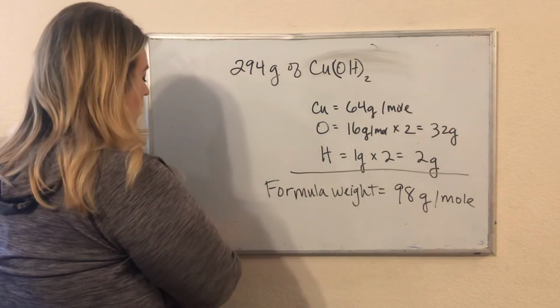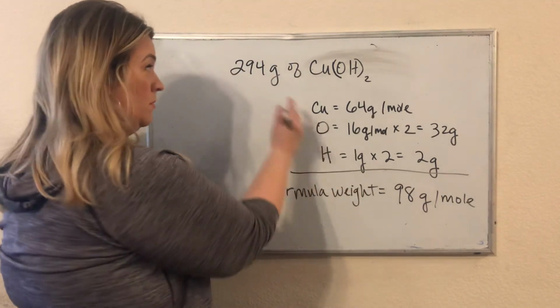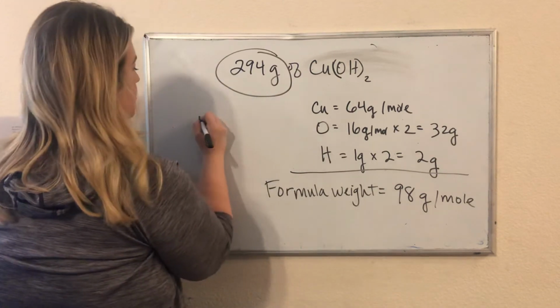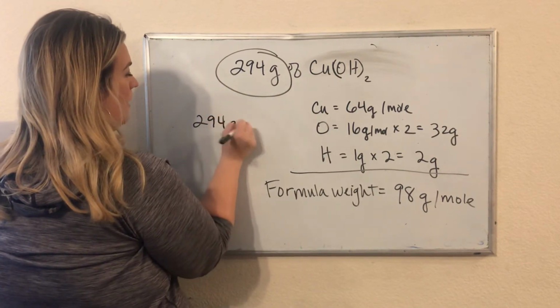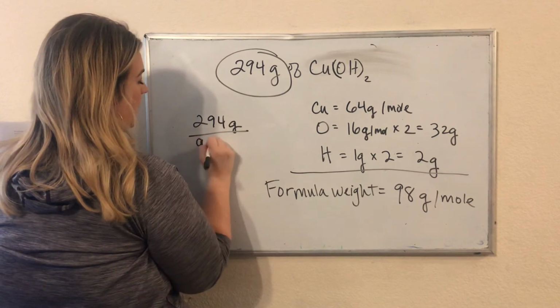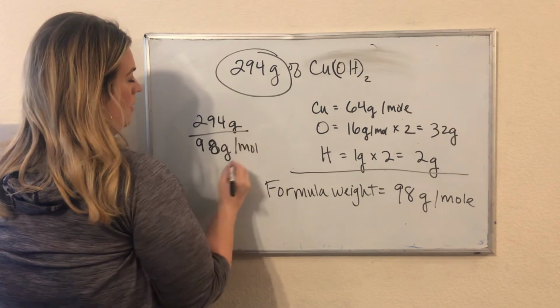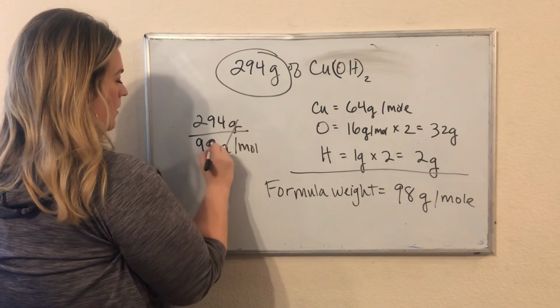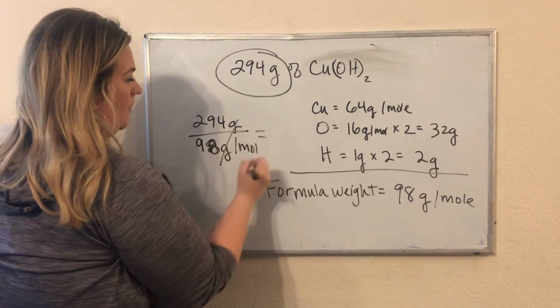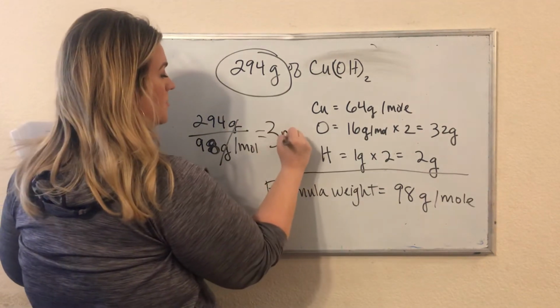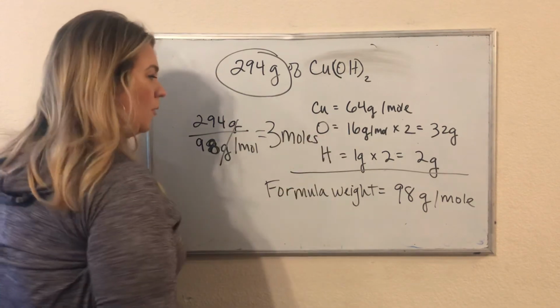So we need to know how many moles is this, okay? So all we do is we take 294 grams and we divide it by 98 grams per mole, okay? And guess what? That divides out real nice and clean, and it turns out to be 3 moles, okay?